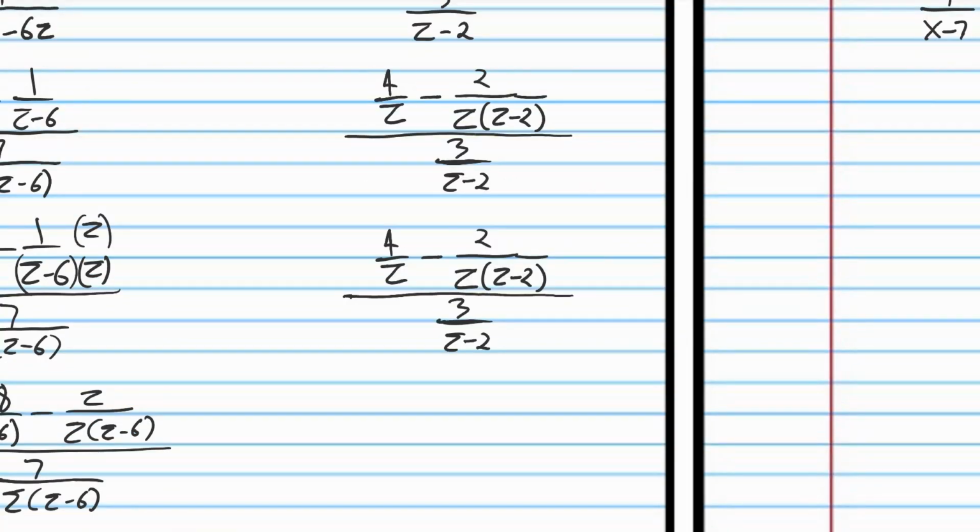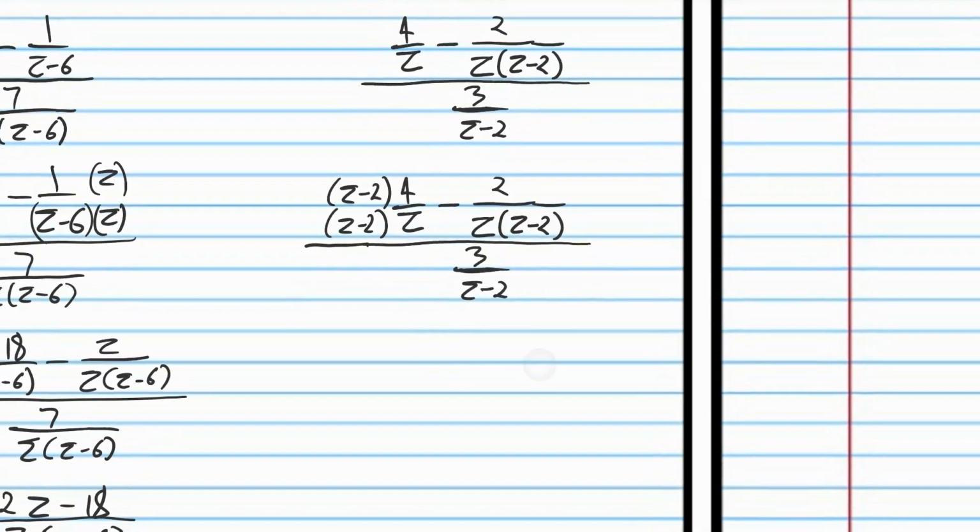So multiply both sides of this fraction by z minus 2, and it doesn't matter which side you write it as long as you have space. And let's see here, so that's going to be 4 times z minus 2 is 4z minus 8. And it's common to write the monomial on the very left.